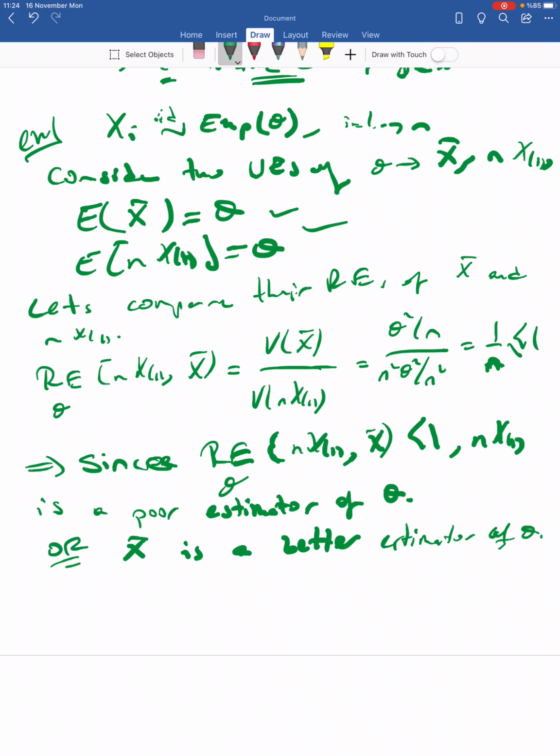Okay, so this is another approach to compare two different estimators, but this gives us just the better estimators, not the best ones.